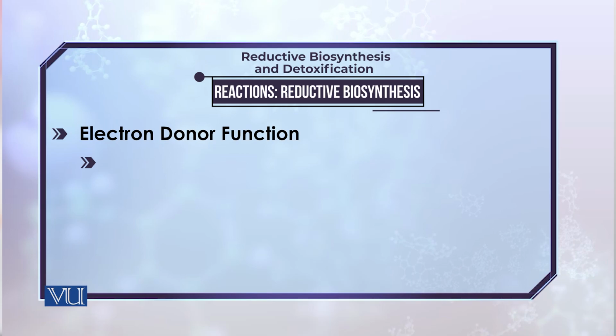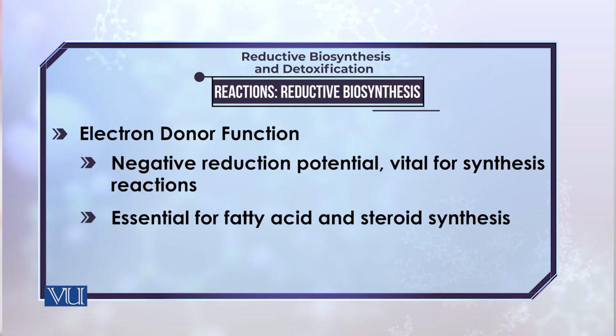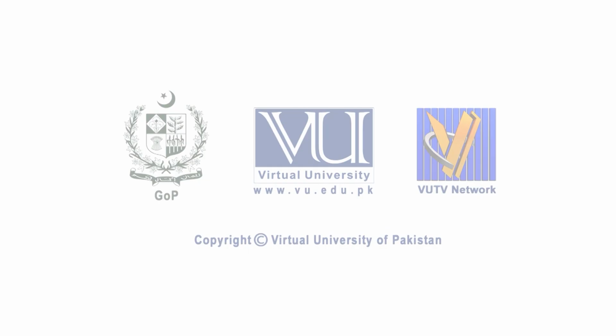Its negative reduction potential, as I have already told you, makes it a very strong reducing equivalent, and it is used in the formation of many compounds, specifically fatty acid and steroid synthesis. You will learn more about the mechanistic details of the formation of these compounds through NADPH when we talk about the PPP in detail in coming lectures.